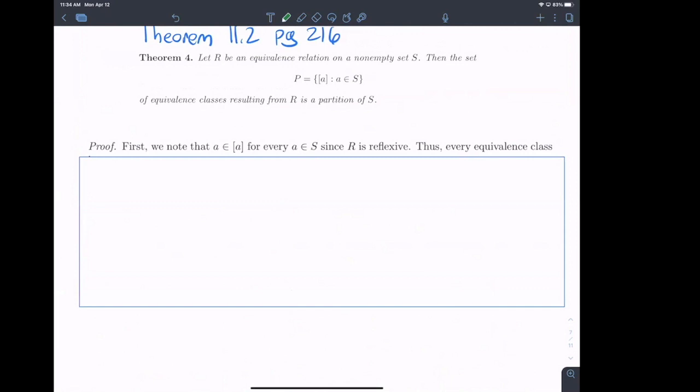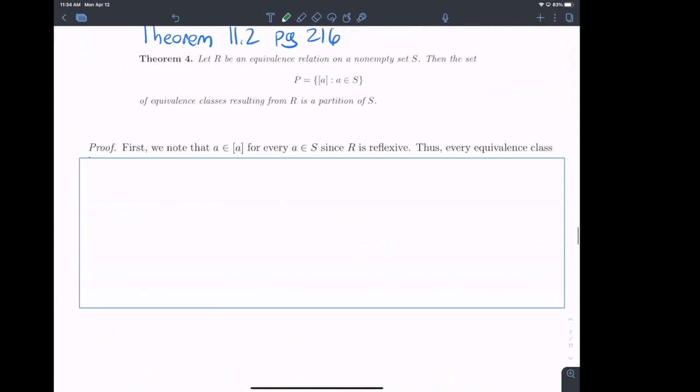Okay, first thing to note is that there are no empty sets when it comes to equivalence classes, because any element in the set is related to itself. So that means there are no empty equivalence classes.